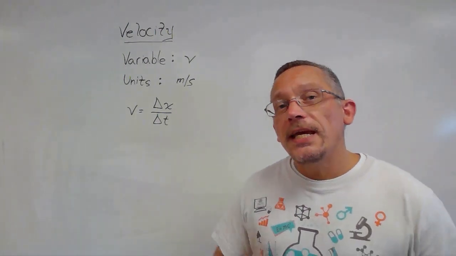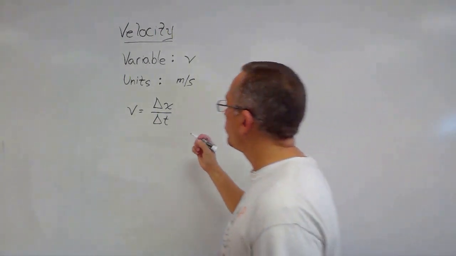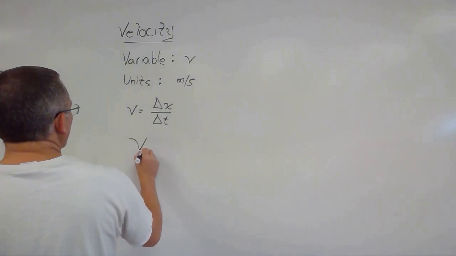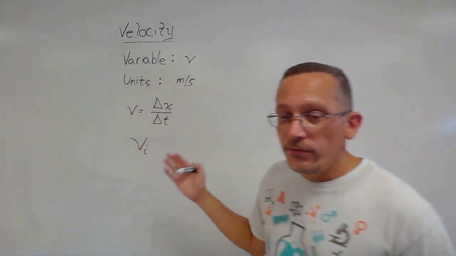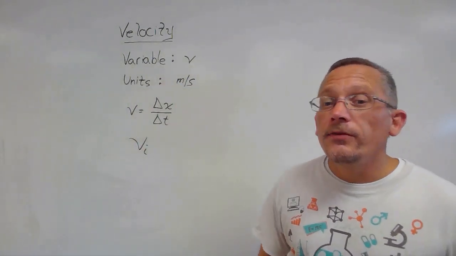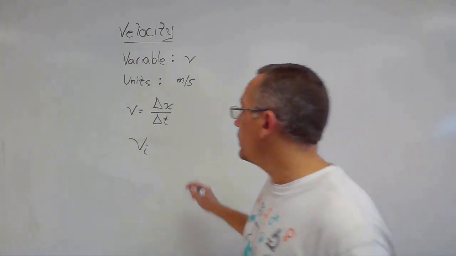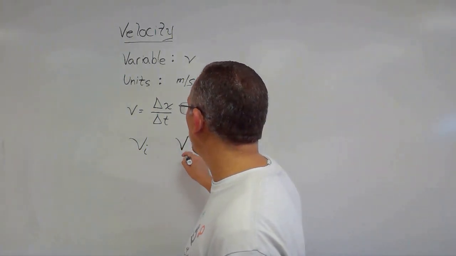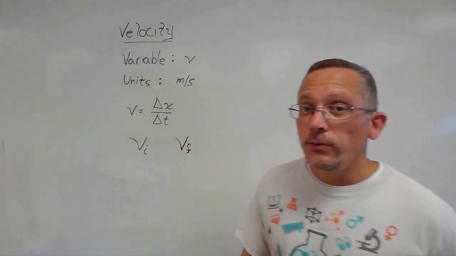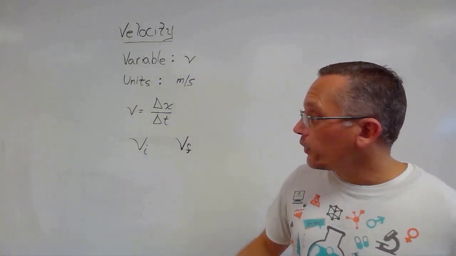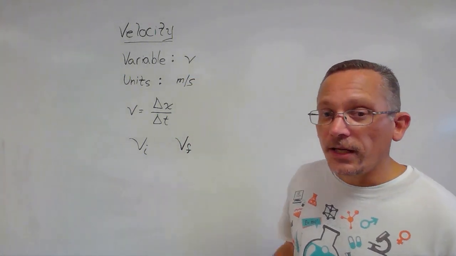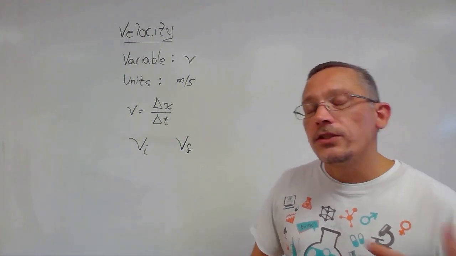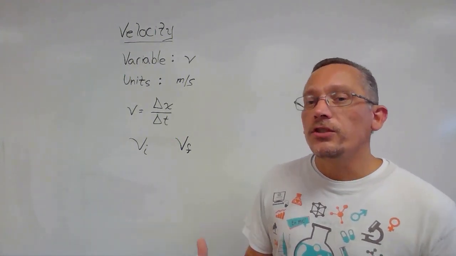So if we want to talk about an initial velocity, we can use v with a little subscript i. And if we want to talk about a final velocity, we can use v with a little subscript f. And just like the displacement and just like the time, we can find the change in velocity.